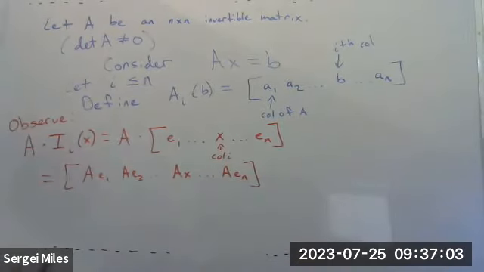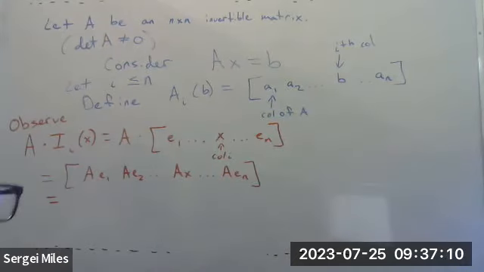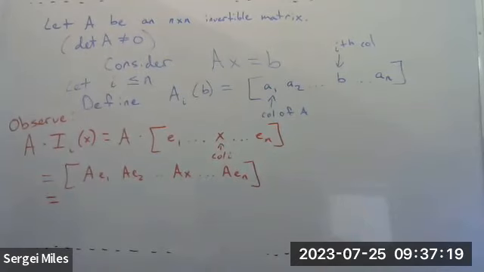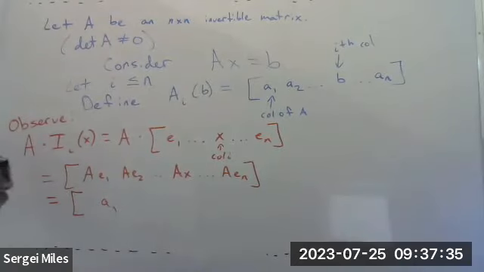Now, here's where the magic starts to happen. A times E1, this is the matrix A times the first column of the identity matrix. Now, when you do that multiplication, this is going to result in the first column of A. Why?